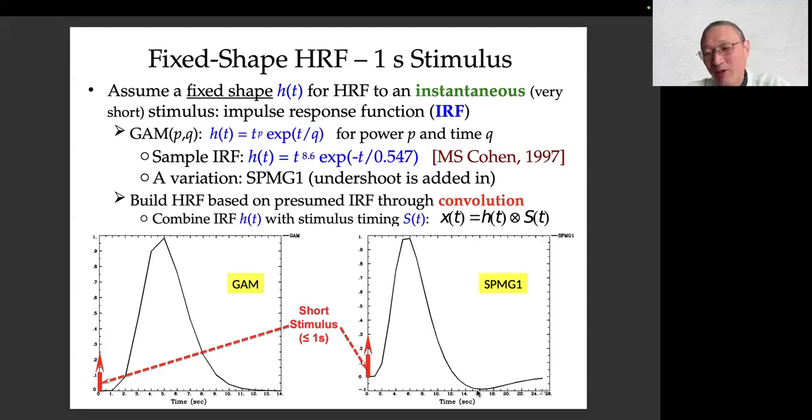Then it slowly recovers, and goes further below the baseline. That's called the undershoot. Then it recovers much more slowly to the baseline. In SPM, this curve's duration is 32 seconds, and the peak occurs at exactly 5 seconds.